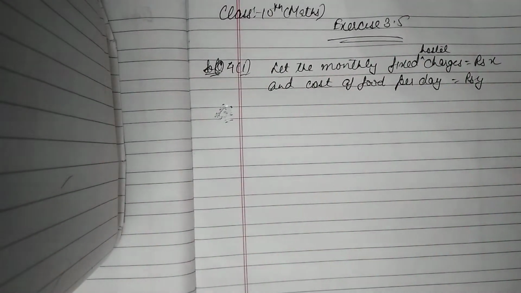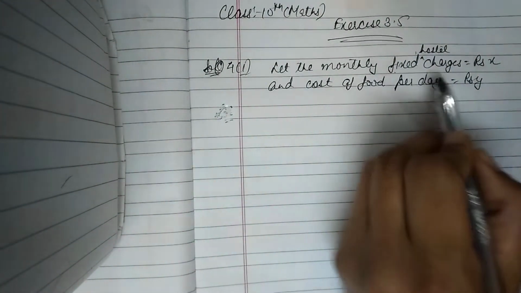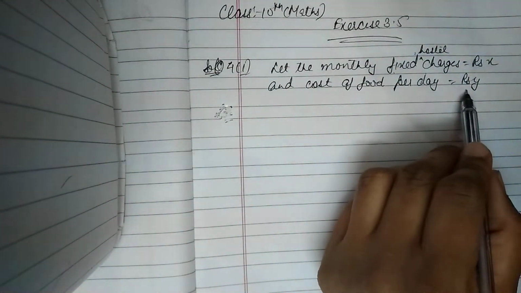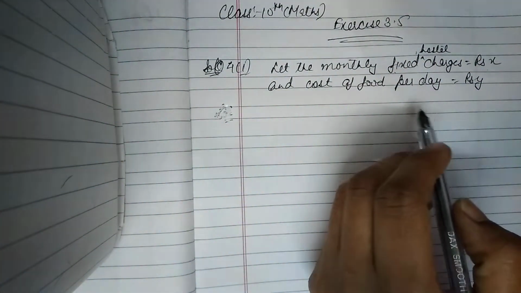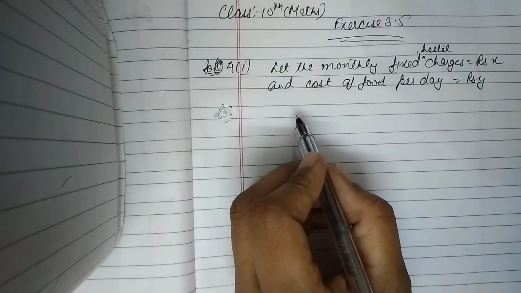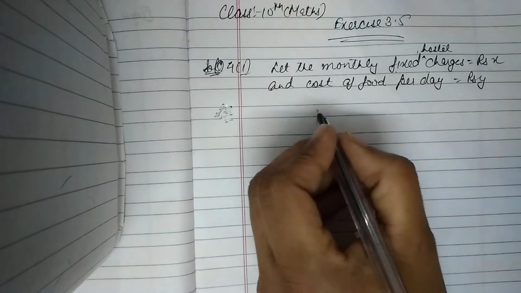Now in this question, we suppose the monthly fixed hostel charges is X rupees and the cost of food per day is Y rupees. In the first condition, we are given student A. She takes food for 20 days from the mess and has to pay 1000 rupees as hostel charges.